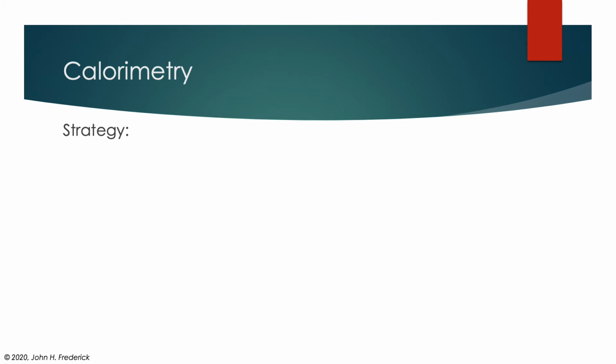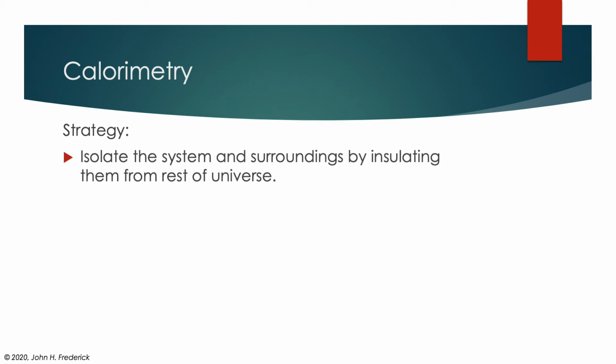Now, in calorimetry, which is our express way of measuring heat changes, we have a particular strategy that is used. The first part of that strategy is we want to isolate the system that we're interested in and its immediate surroundings by insulating them from the rest of the universe. In other words, we don't want anything else to interfere with our measurement to spoil the accuracy of what we might get out of that measurement.